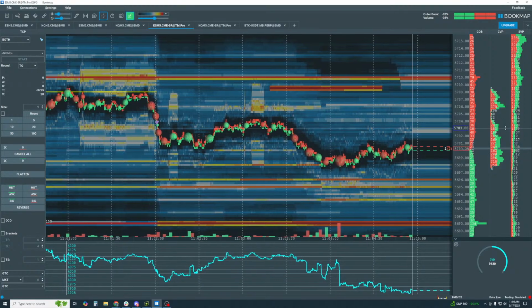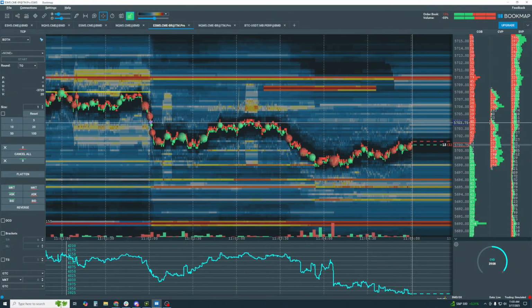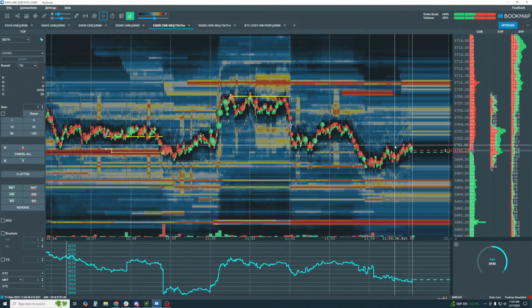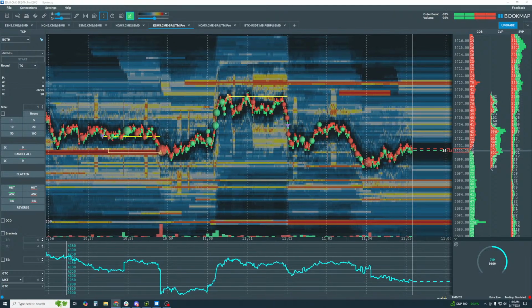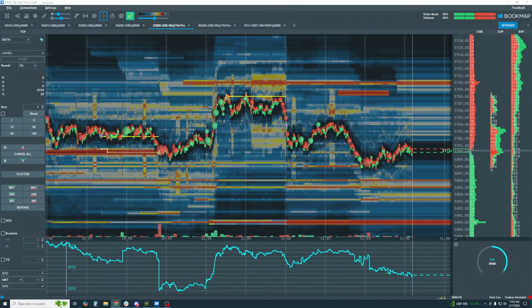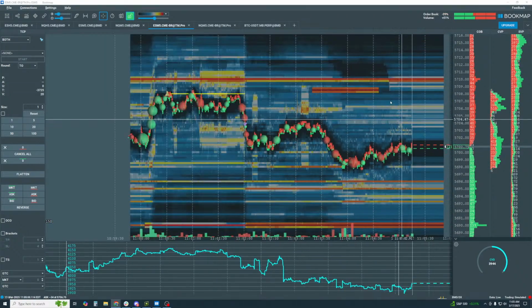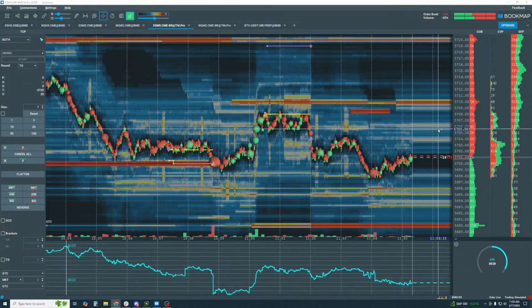Anyone do any spread trading? Especially during rollover? No? Okay.